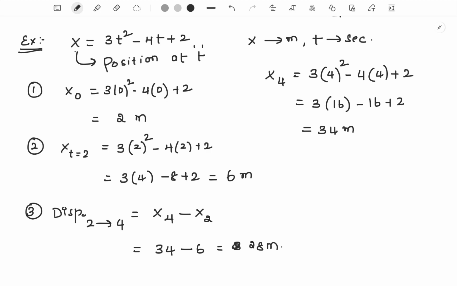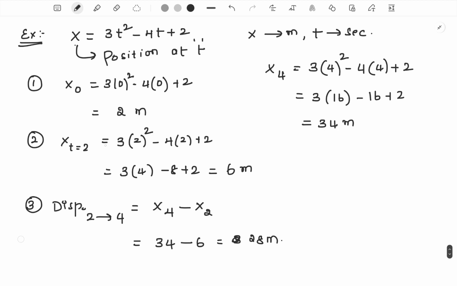So whenever calculating distance, the first thing we need to check is whether the velocity was changing its direction during a particular interval. To find distance, we need to understand the direction of motion of the body. To understand that, let's calculate the velocity first, then we will proceed with the distance calculation.